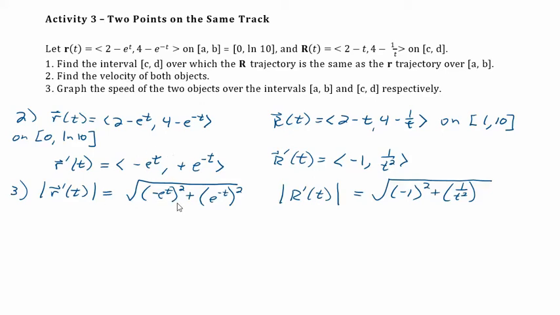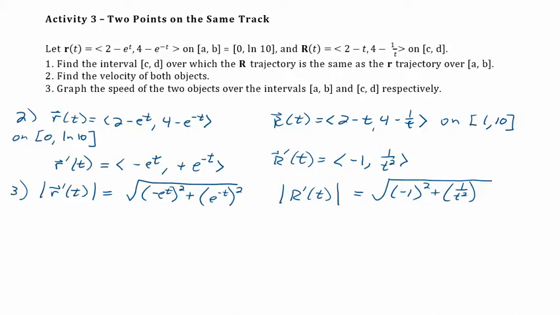We don't get that information from the speed. We'll get the speed, but we won't necessarily know that it's going to the left very fast. But we could see that from the velocity vector here, that negative e to the t. That x component is changing very rapidly, whereas the y component, as t gets big, this gets small, right? So that would tell us that it's going to be changing slower and slower in the y direction.